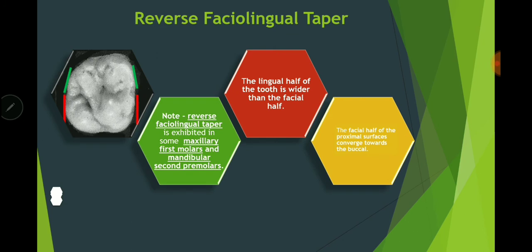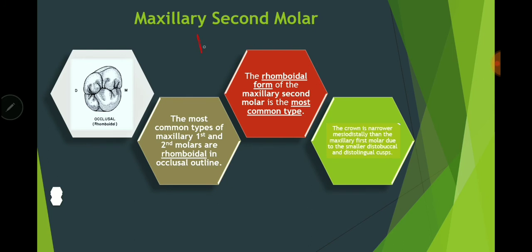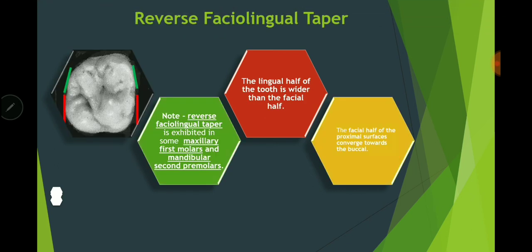Now you also have reverse facial lingual taper. Let me go back. Reverse facial lingual taper is seen in the maxillary first molars, and also in the mandibular second premolars. So you have to remember that.